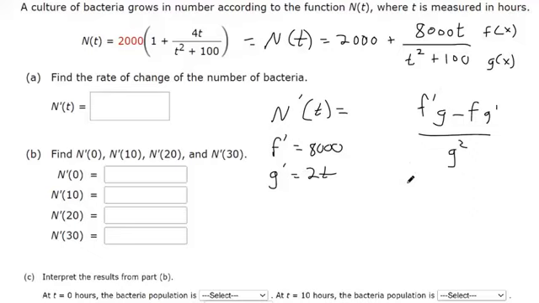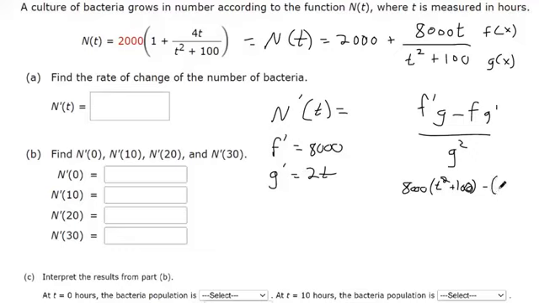So if you plug all those in, we got 8,000 in for the derivative of f, and times g of x. Sorry, I said g of x. It's t, right? It should be t there, but most of the time when we're given the quotient rule, it's in terms of x. But okay, so that's derivative of f times g minus the f function times the derivative of g.